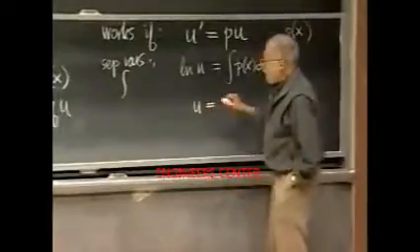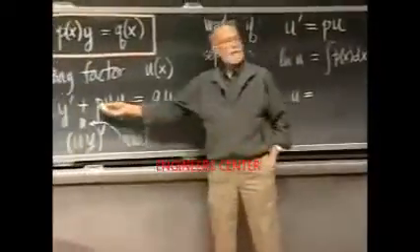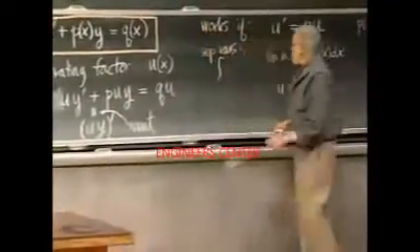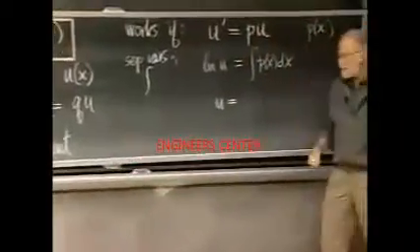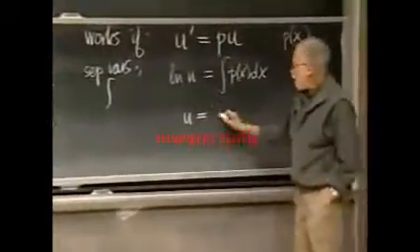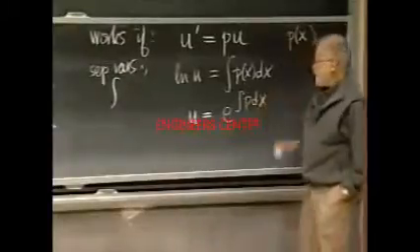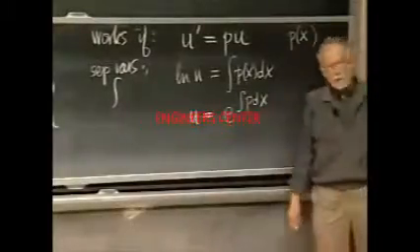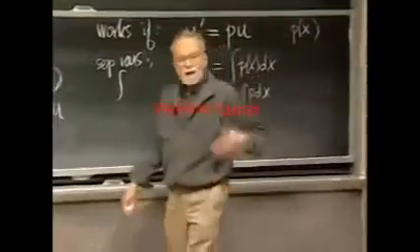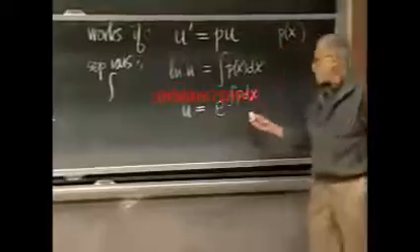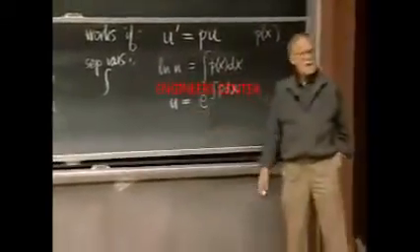What should u be? Notice I don't have to find every possible u which works. All I'm looking for is one. All I want is a single u which satisfies that equation. Well, u equals e to the integral of p dx. That's not too beautiful looking, but in differential equations, things can get so complicated that in a week or two, you will think of this as an extremely simple formula.